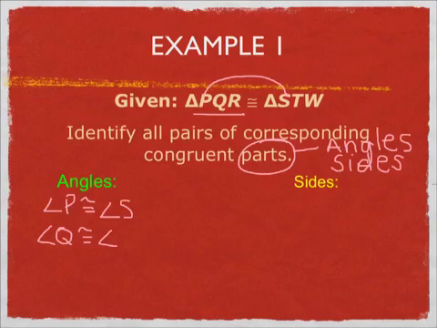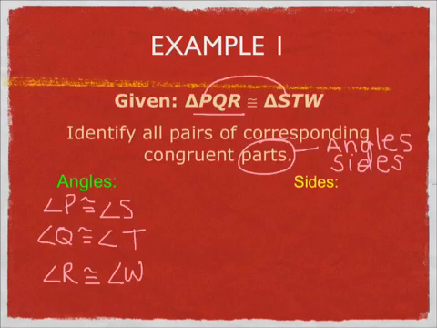Q would go with T. Good. And then angle R would go with, Nicole, what do you think? W. Good. So 3 angles in a triangle, right? Every triangle has 3 angles.